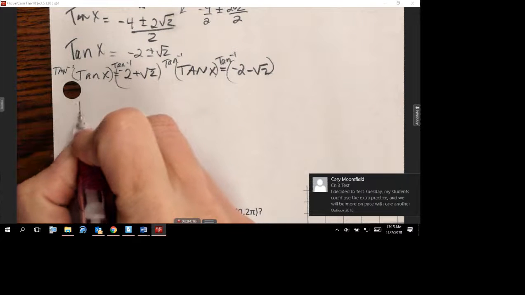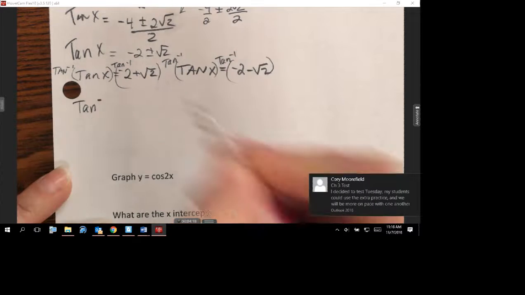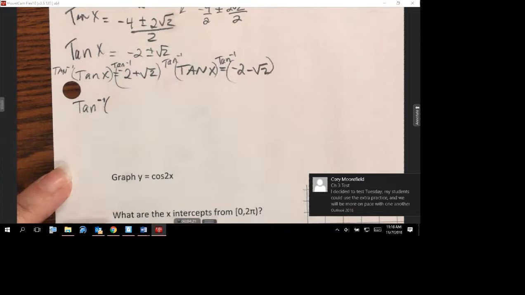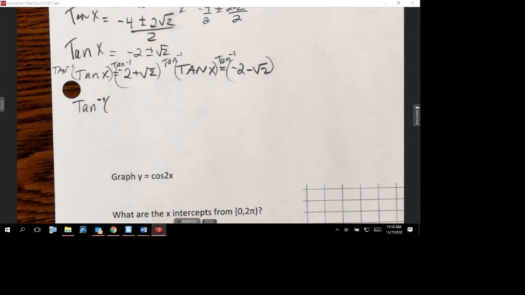We did inverse, and it looked different because it was a decimal. We did things like inverse tangent of negative 0.2390. It wasn't a radical, but this is a decimal if I type it in my calculator.